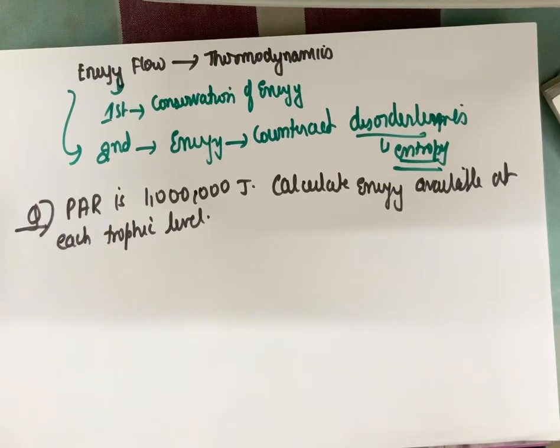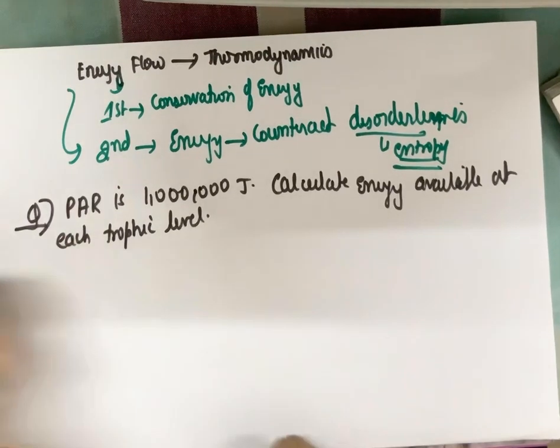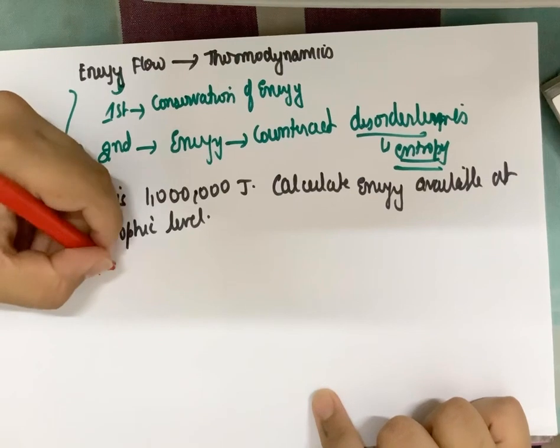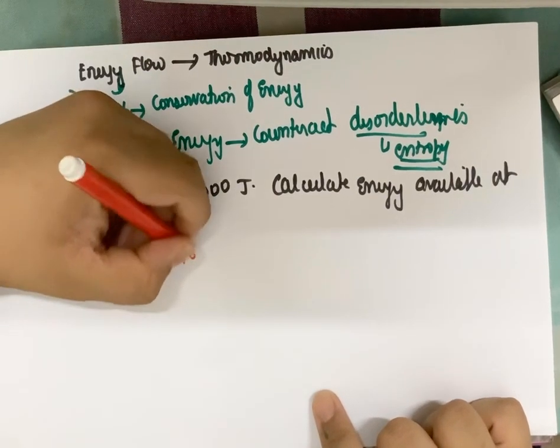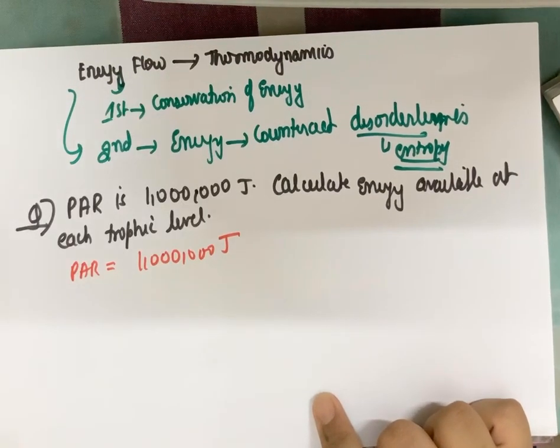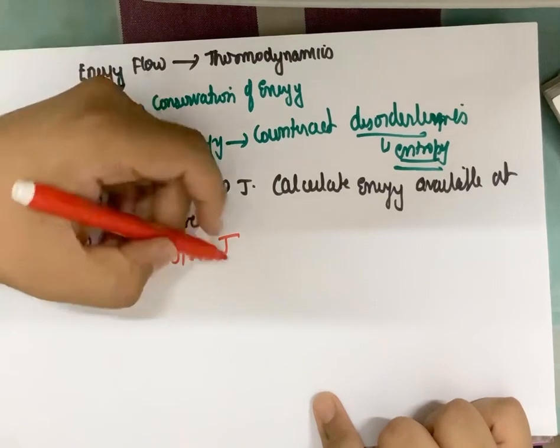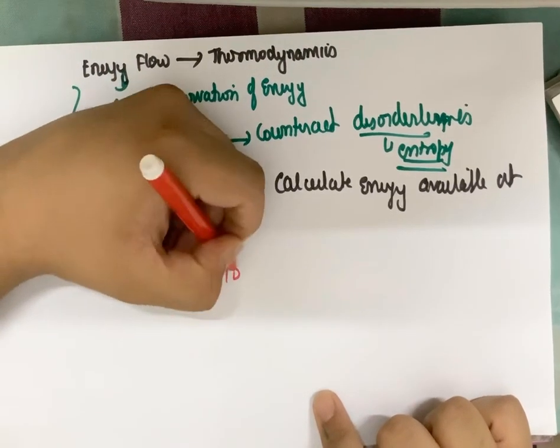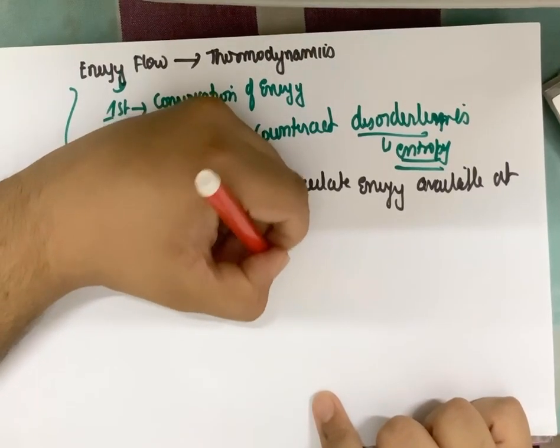Now what am I given? Photosynthetically active radiation, the power is your 10 lakh joules. The first thing is I have to calculate the energy at each trophic level. So I already know that 1 to 10% of this power is taken up by the producers.